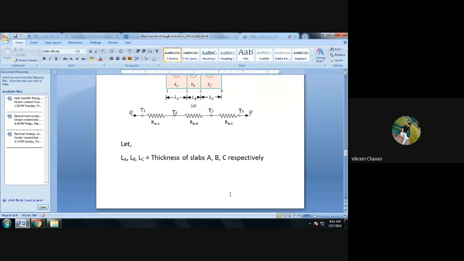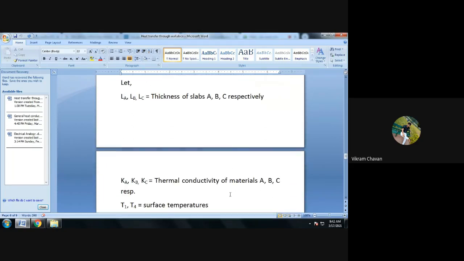Next, thermal conductivities K_A, K_B and K_C are the thermal conductivities of materials A, B, C respectively. Wall A has a different material, wall B has a different material, and wall C has a different material, so we get different thermal conductivities.